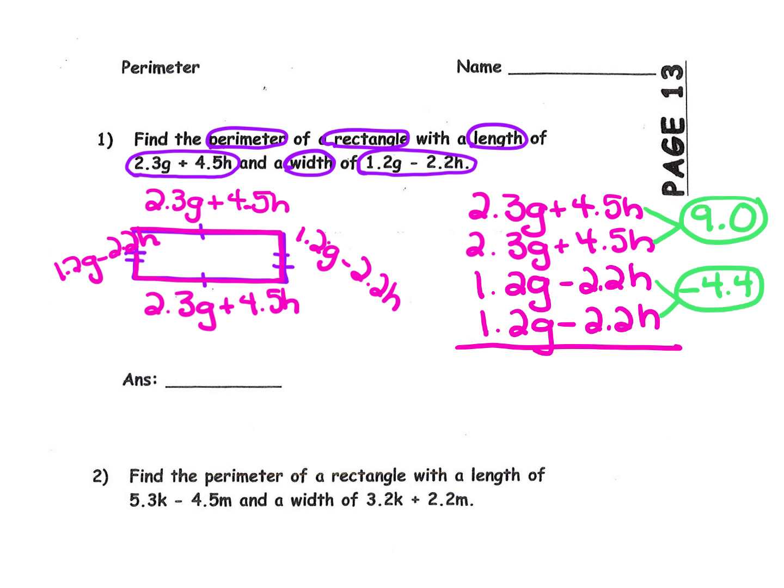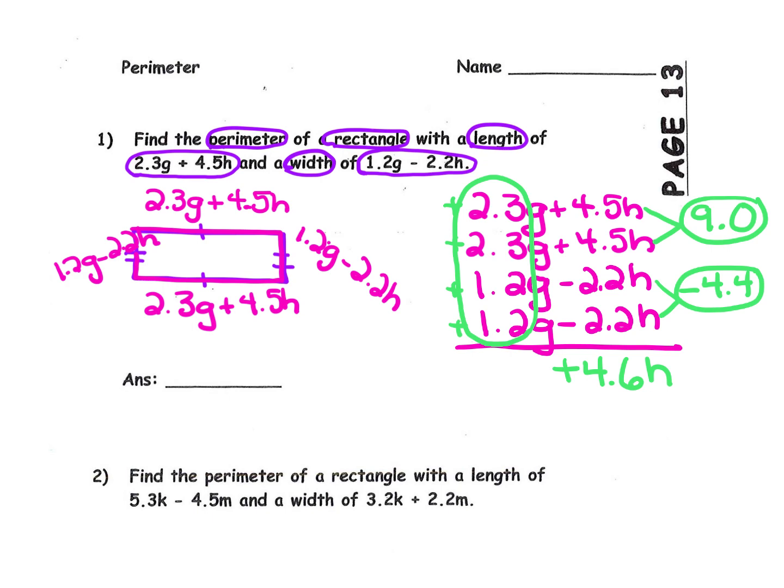Subtract. You should get 4.6 h. As far as combining these terms, you're simply going to take and add all these decimal values together.